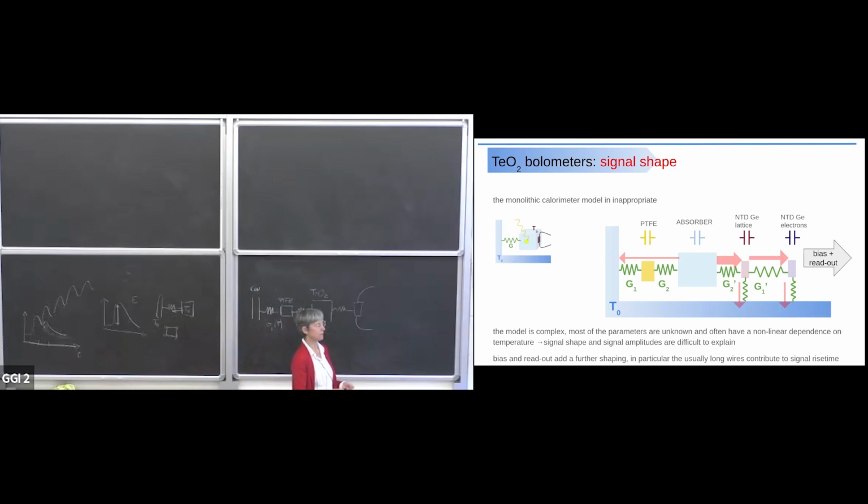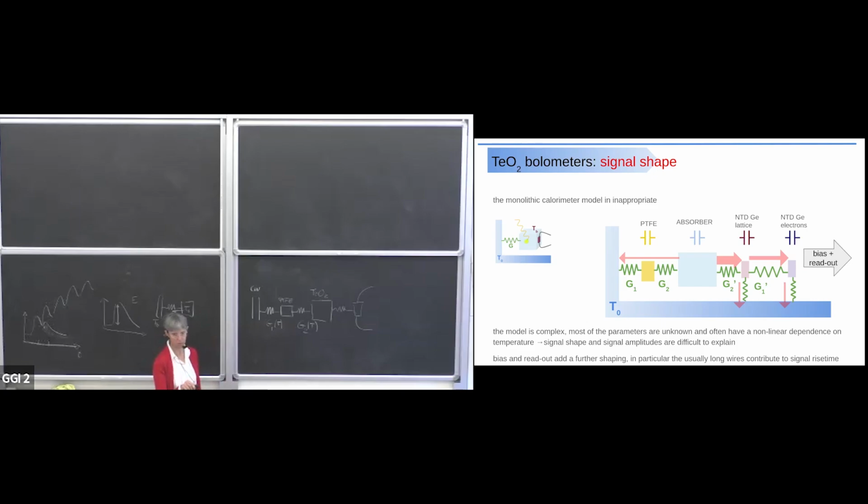But in the thermistors that we are using, when they are operated at low temperature, the behavior of phonons and electrons can be described as if there is a thermal conductance between the lattice, therefore the phonons, and the gas of electrons.